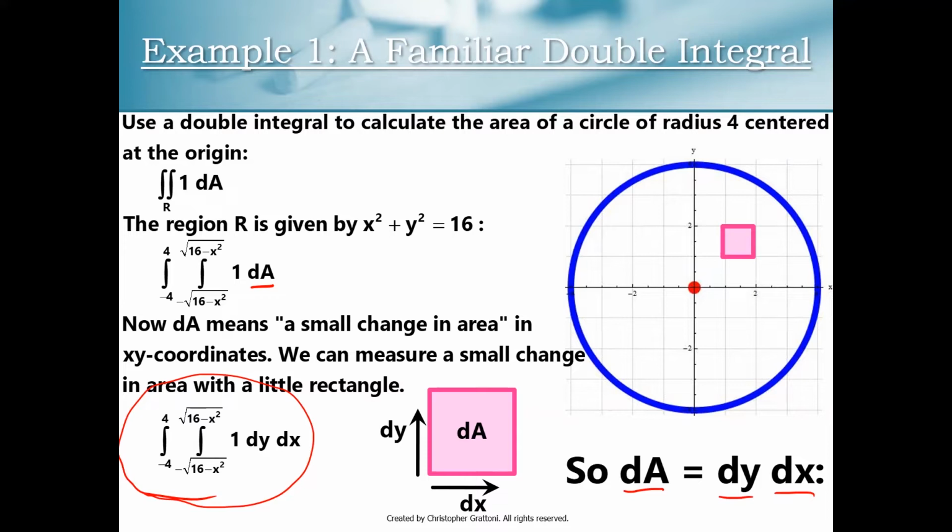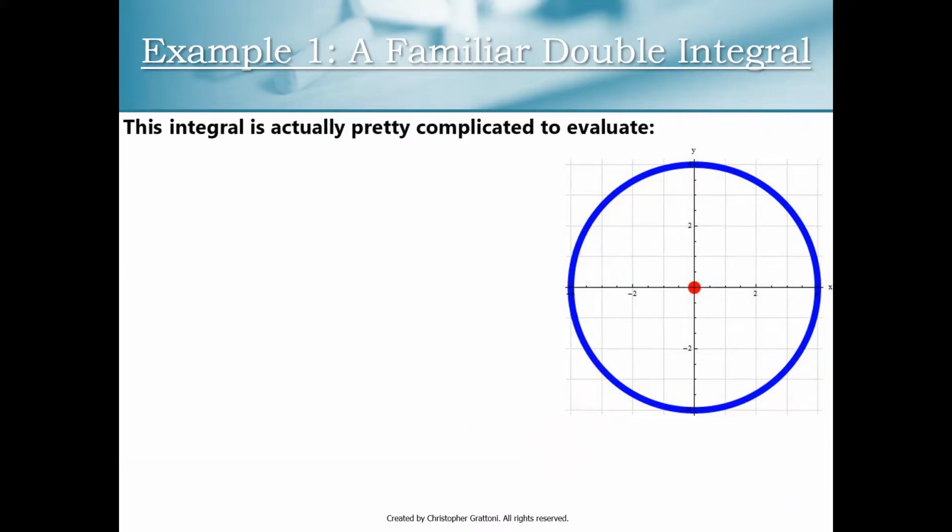All right, so let's talk about number crunching. The drawback here is that this double integral is actually pretty difficult to evaluate, especially considering we could just do pi r squared for r equals 4 to find the area of this circle. So we don't know a top 20 from our Calc BC class last year. We don't know an antiderivative that we've memorized from last year to help us here.